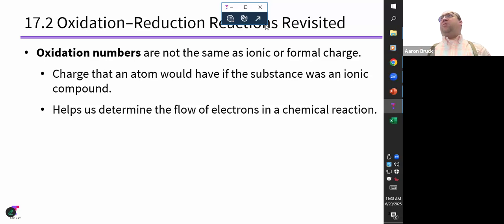So if I were to pluck this atom out of this molecule or out of this ion, what charge would it have based upon the environment that it's in currently? And the reason oxidation numbers are important is because they're going to help us to see how electrons are moving in a chemical reaction.